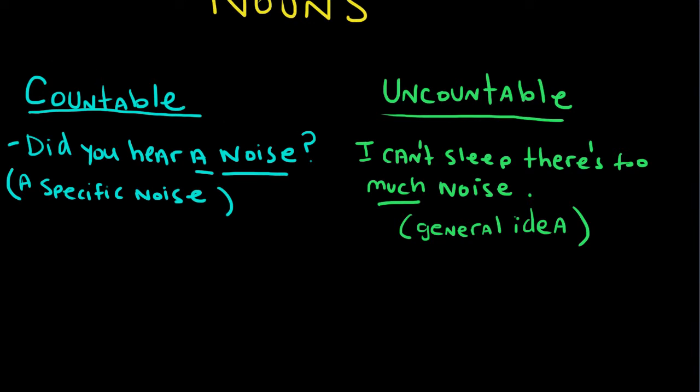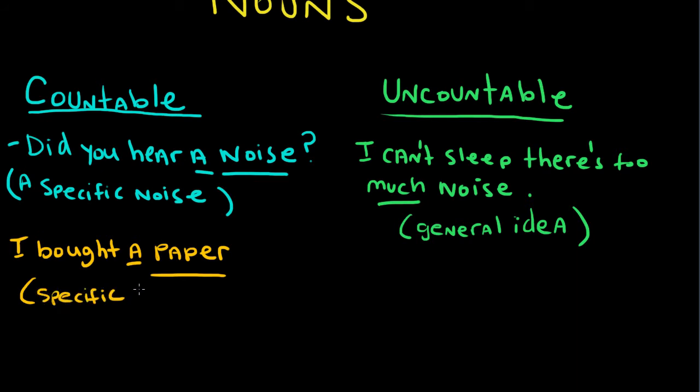So let's look at another example of a noun that is both countable and uncountable. I bought a paper. Here, when we say a paper, we actually mean one specific newspaper. But then if we want to use paper as an uncountable noun, we can use this example.